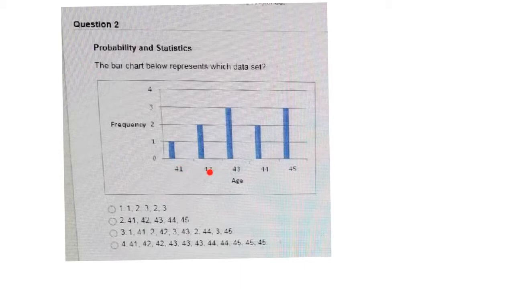Some of them are 41, 42, 43, 44, and 45 years old. This frequency y-axis right here tells us how many 41-year-olds there are in your set, how many 42-year-olds there are in your set, and so on, 43, 44. So clearly there's one 41-year-old, there's two 42-year-olds, there's three 43-year-olds, and there's two 44-year-olds, and so on.